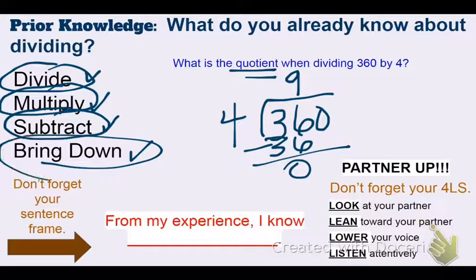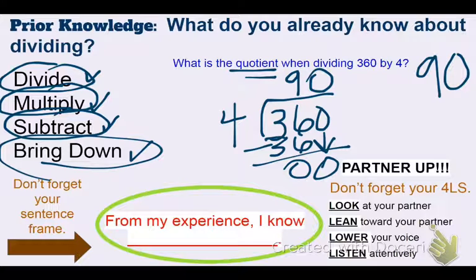Bring down that last digit, a 0. Well, I can't make a group of 4 if I brought down 0. I don't have anything, so it won't divide into 0. So what is the quotient when dividing 360 by 4? That's 90. So from my experience, I already know the steps of division, and that's going to help us in today's lesson.